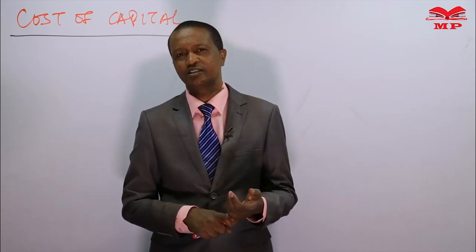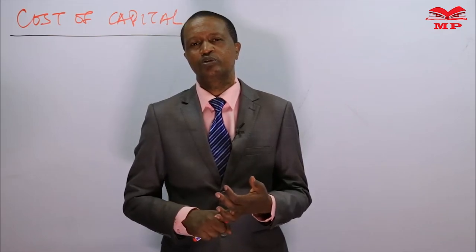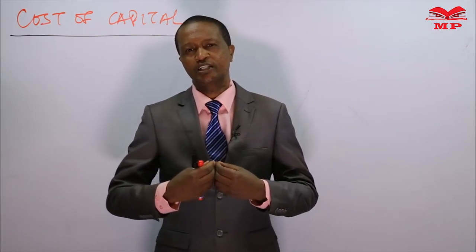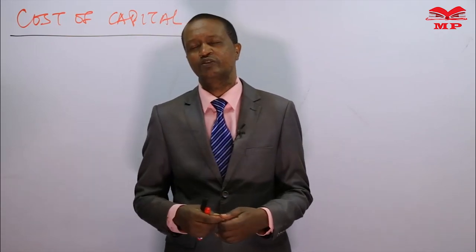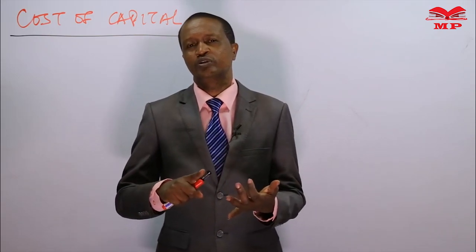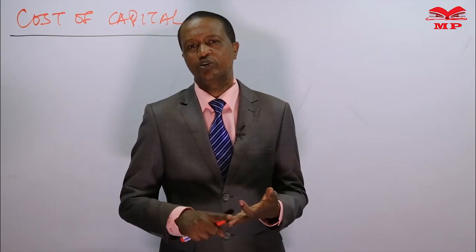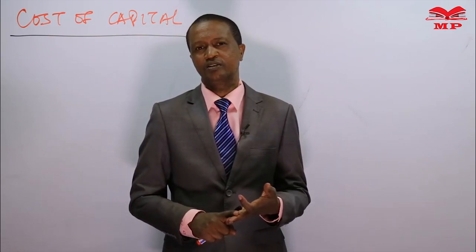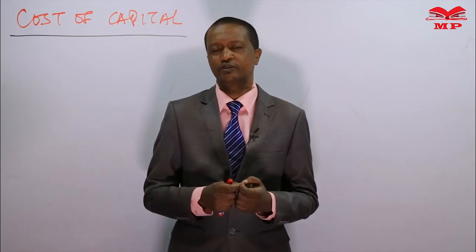On the other hand, the company may obtain capital from the owners, the shareholders, and this can be in form of ordinary share capital or reserves or retained profits or earnings. This could be the sources of finance in form of equity.